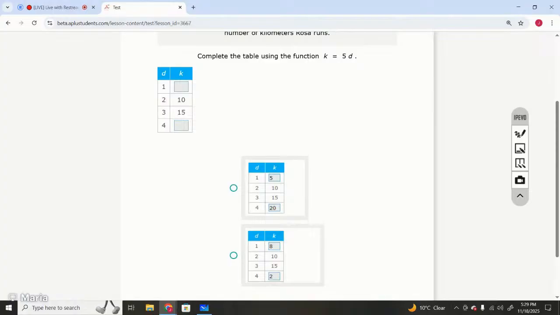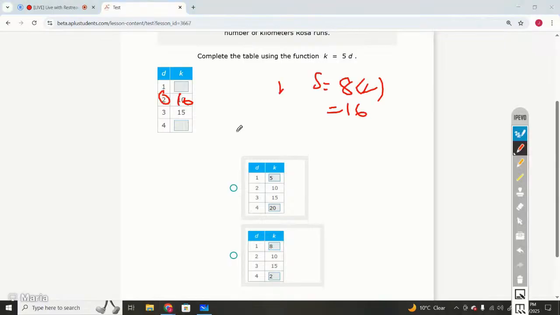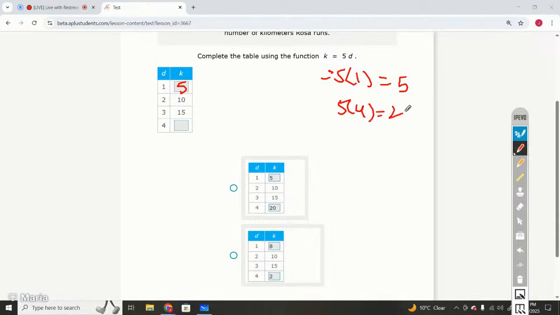Complete the table using the function k equals 5d. So we need to find the value of k when d equals 1 and 4. 5 times 1 is 5. So when d equals 1, k equals 5. And 5 times 4 is 20.